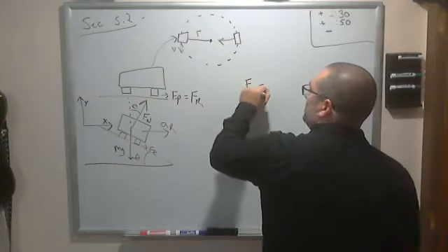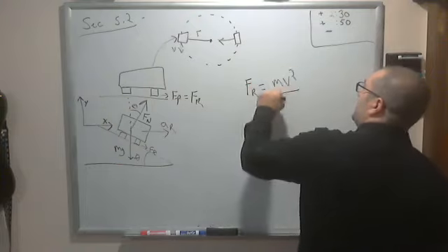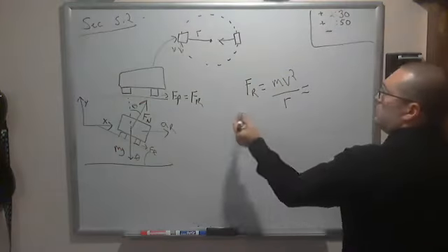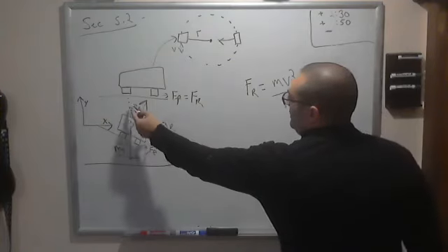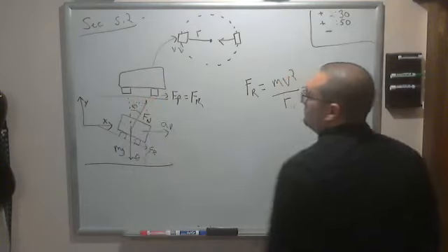F_R in this case is m v squared over R. And this is equal to, if we look at this, we'll fully write it out.